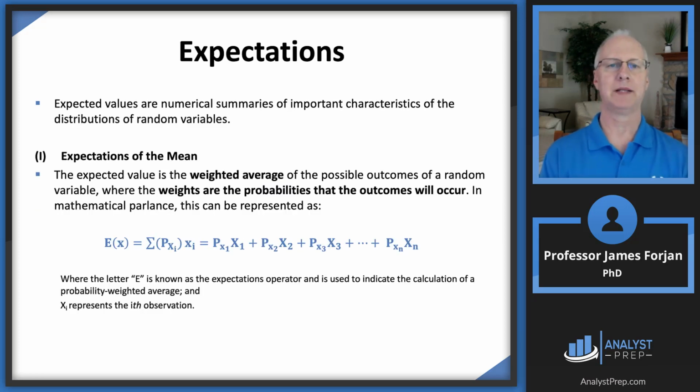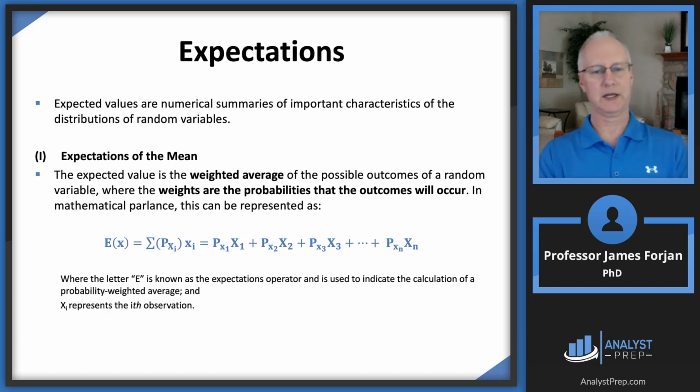How about expectations operators? So expected values are numerical summaries of these important characteristics. So we can take an expectation of the mean, and this is just going to be probability weighted. So notice what I have in that bullet point under expectations of the mean. The expected value is the weighted average of all possible outcomes of a random variable, where the weights are the probabilities, and that should make perfect sense.